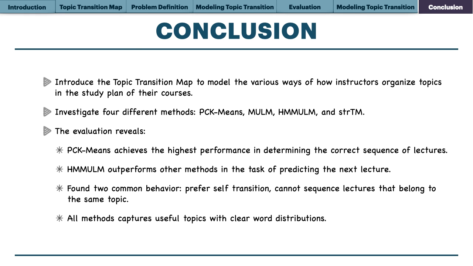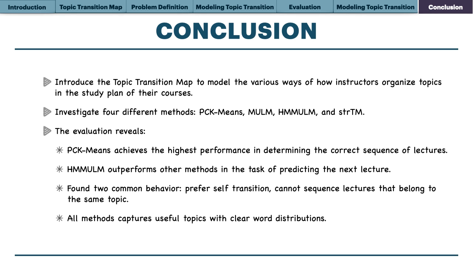In this paper, we introduced the topic transition map, which is a general structure that models the different ways in which instructors organize topics in order to construct the study plan of their courses. We investigated 4 different methods to construct the topic transition map: PCK-means, mixture of unigram language model, hidden Markov mixture model, and STRTM.